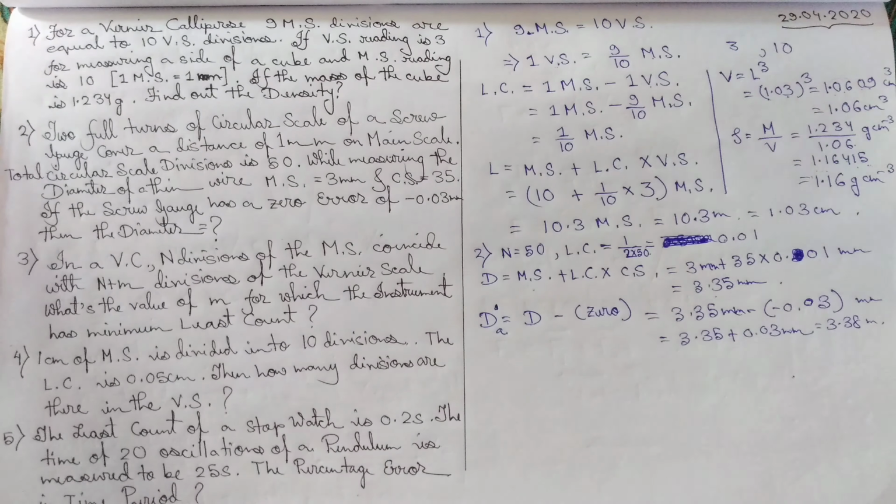That means the zero point of the circular scale coincides with some value of the linear scale, suppose 2 millimeter or 3 millimeter. This amount of reading on the linear scale coinciding with the zero point of the circular scale is known as zero error. Zero error has two kinds of sign, one positive and one negative.